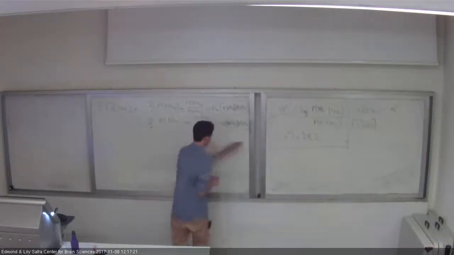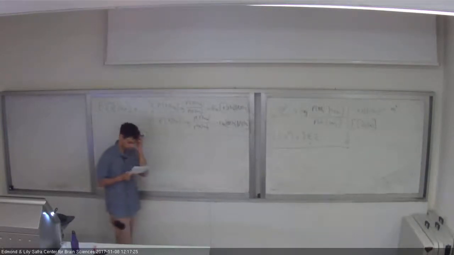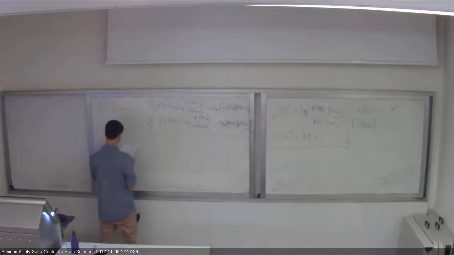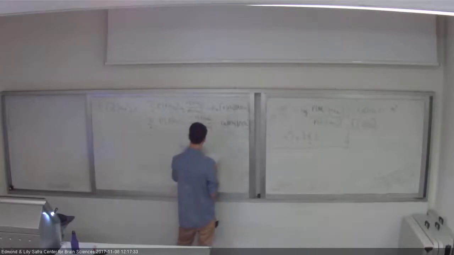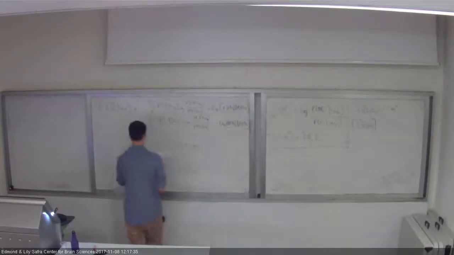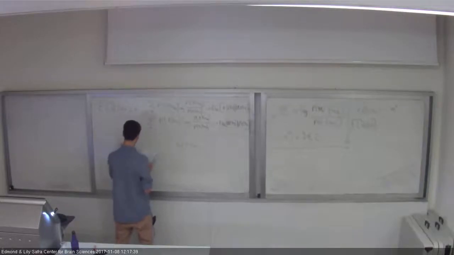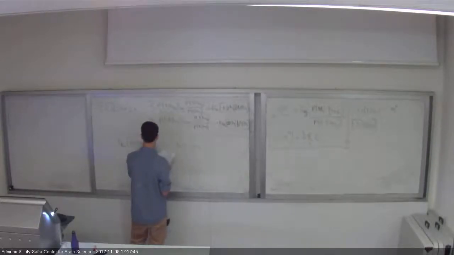Okay? So at the end, we got that in the case that omega is equal to omega 0, it's the DKL between P of x given omega 0 and P of x given omega 1.